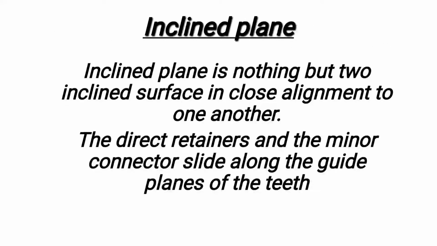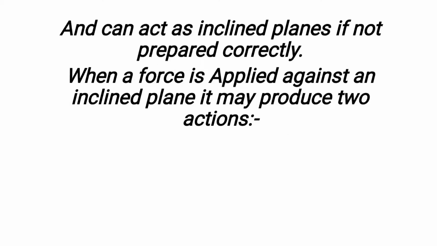Now, inclined plane. An inclined plane is nothing but two inclined surfaces in close alignment to one another. Got it? The direct retainer and the minor connector slide along the guide plane of the teeth and can act as an inclined plane if not prepared correctly.